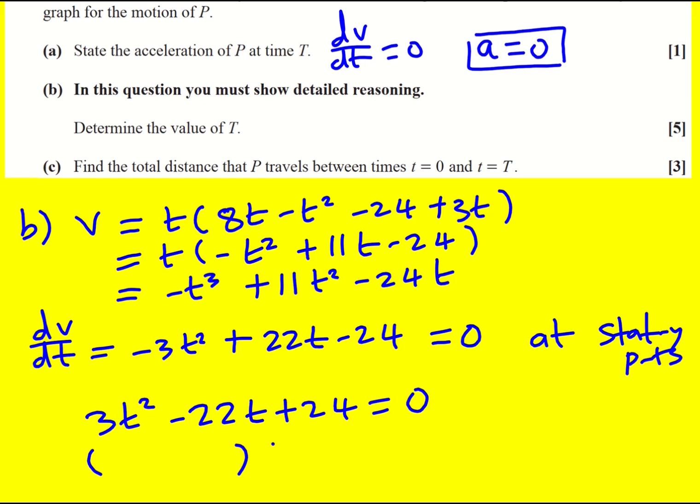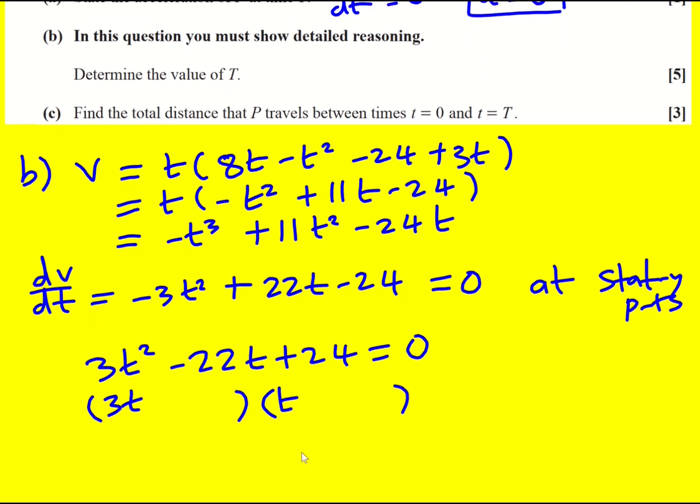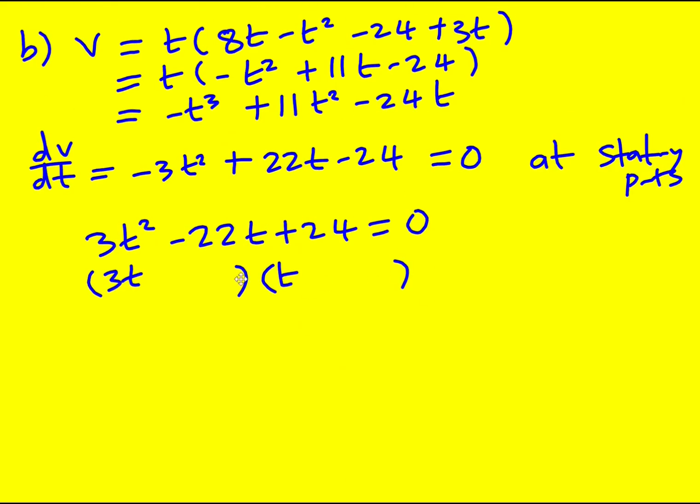Now, if it's going to factorize, and it's got to, I think it's going to be 3t and t, and then we're trying to make it work with two numbers to multiply to give 24, and combine to give minus 22. They're going to have to both be negative to get the positive when multiplying, but the negative when combining.